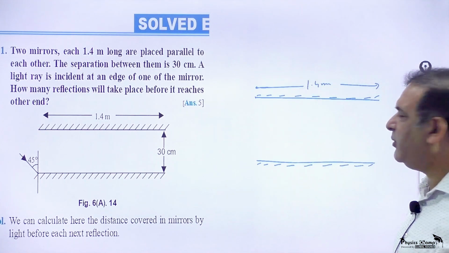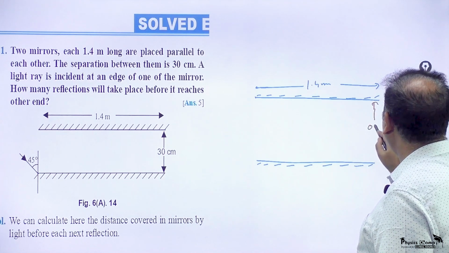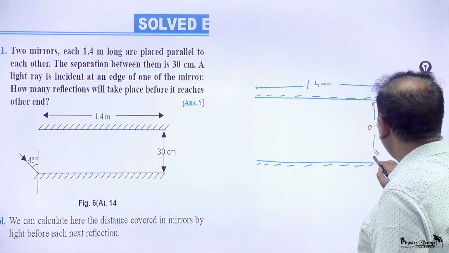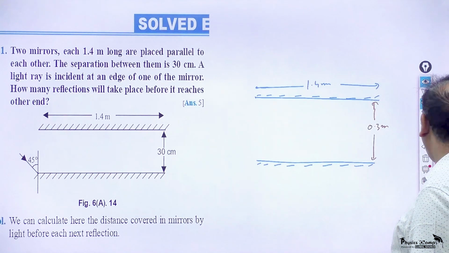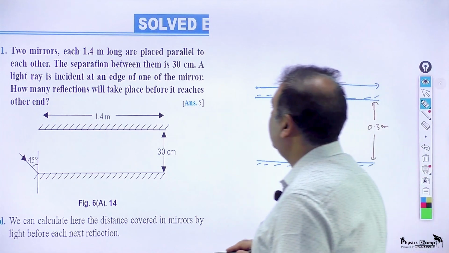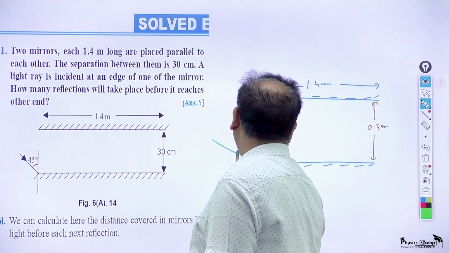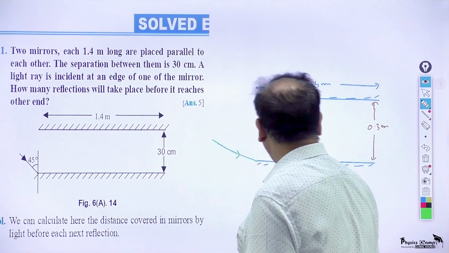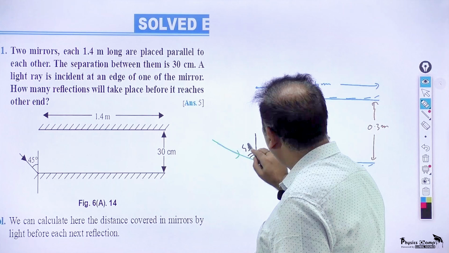The separation between them is 30 centimeter or 0.3 meters. A light ray is incident at one edge of the mirror, may be here, and it is making an angle of 45 degree.